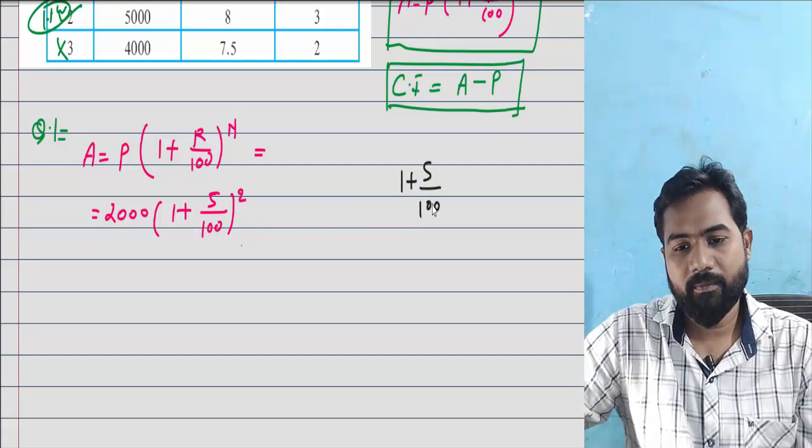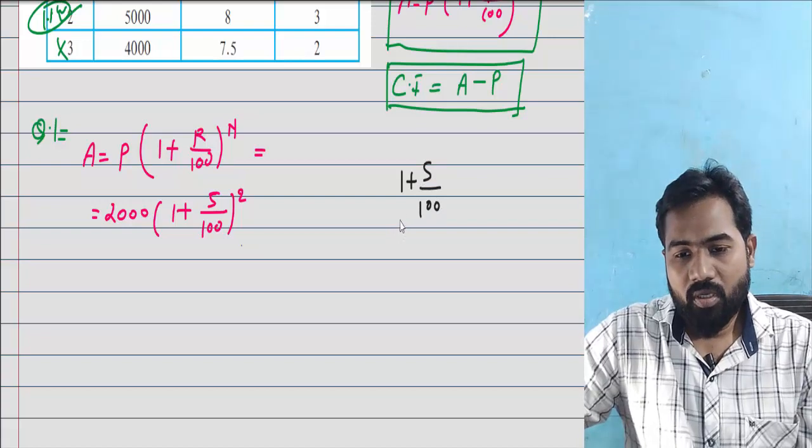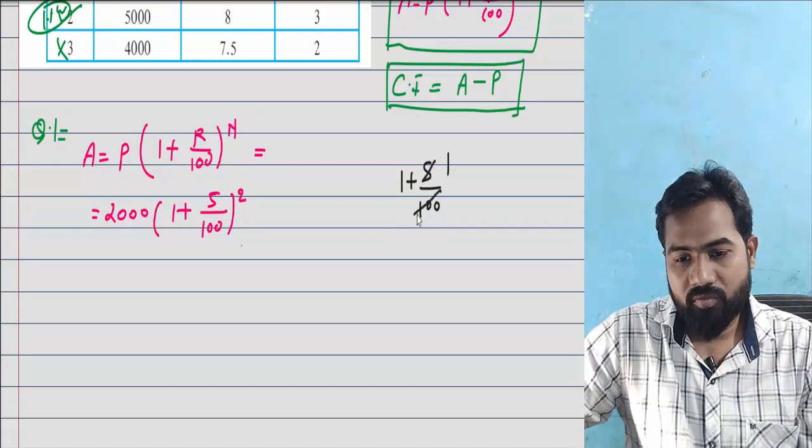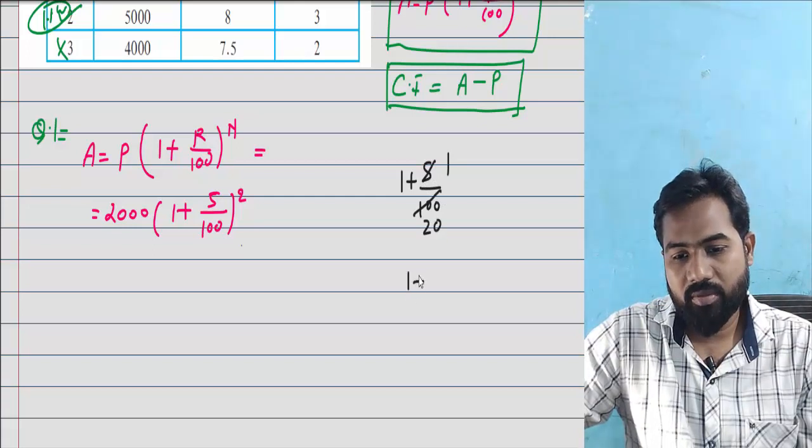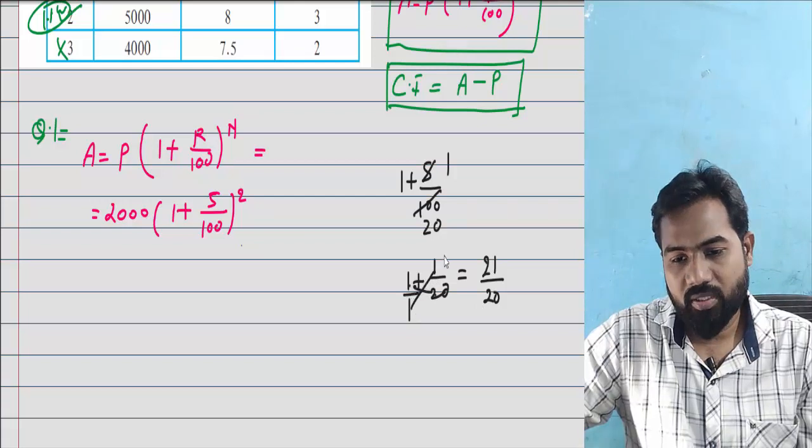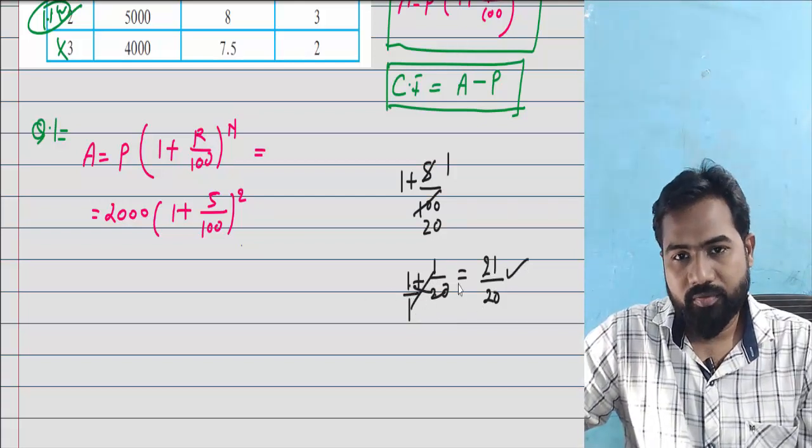You can cancel this: 5 ones are 5, 5 twos are 10, so 1 plus 1 divided by 20, and it is getting 21 divided by 20. Or assume and cross multiply: 21 times 20 plus 1, 21 divided by 100. That is also a way of calculation.